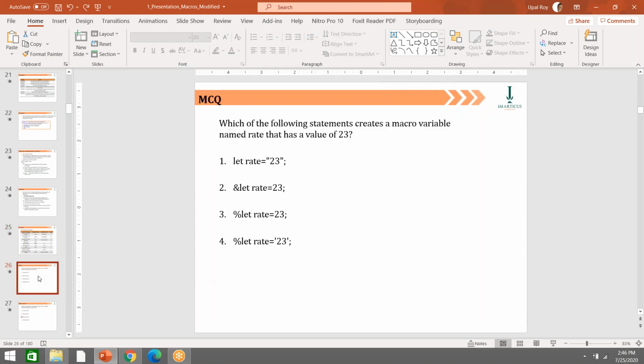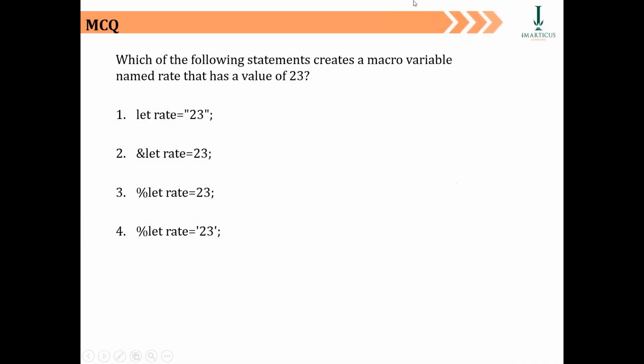Okay. So on that note, let's come here. Let's do a quick MCQ of our understanding check. Which of the following statements can create a macro variable that has got a value of 23? So third one. Third one, everyone?